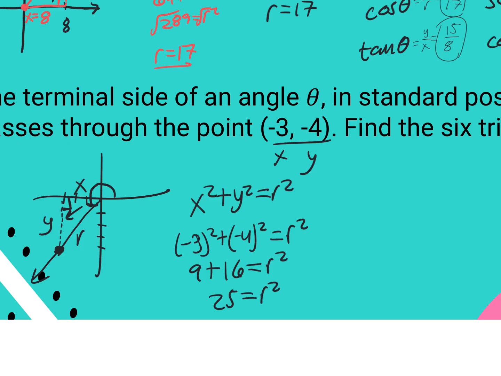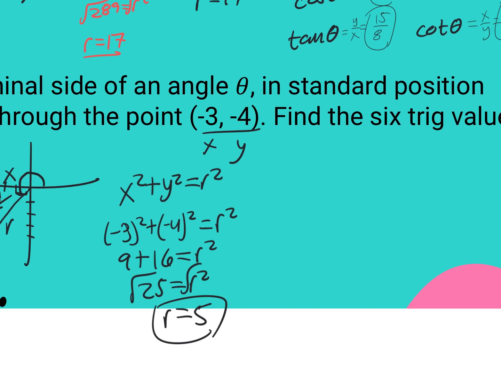So 25 equals r squared, square root both sides, and I get r is 5. Again, no plus minus just because r is the distance. x and y can be negative, but r has to be positive always. And now I have that x equals -3, y equals -4, and r equals 5.